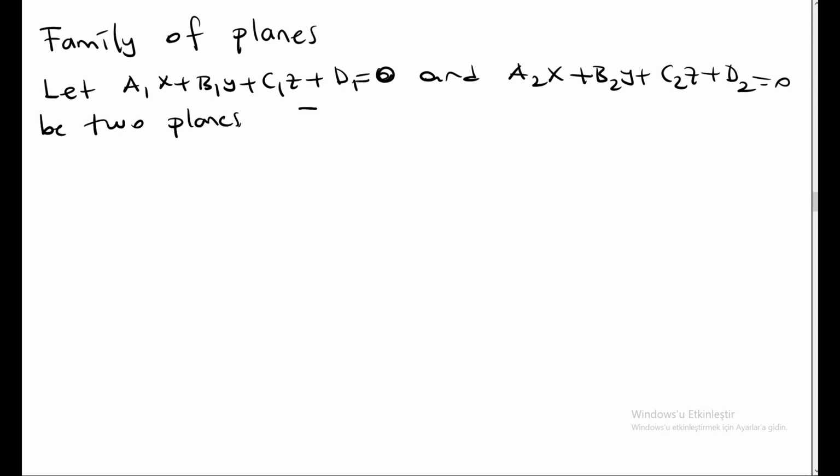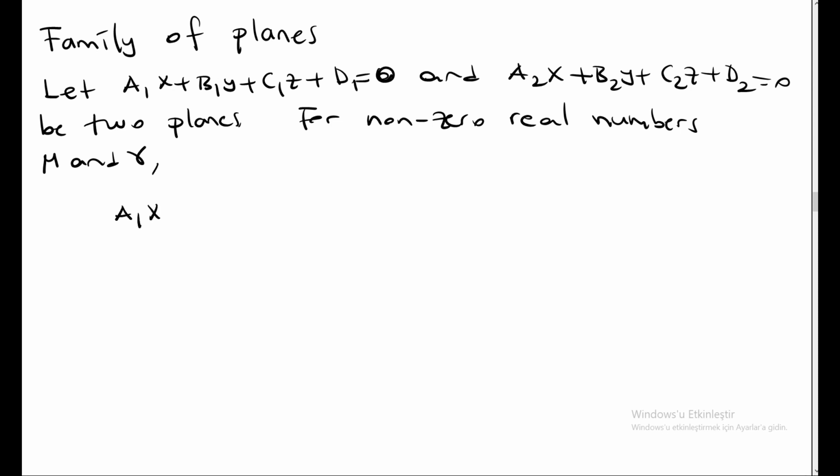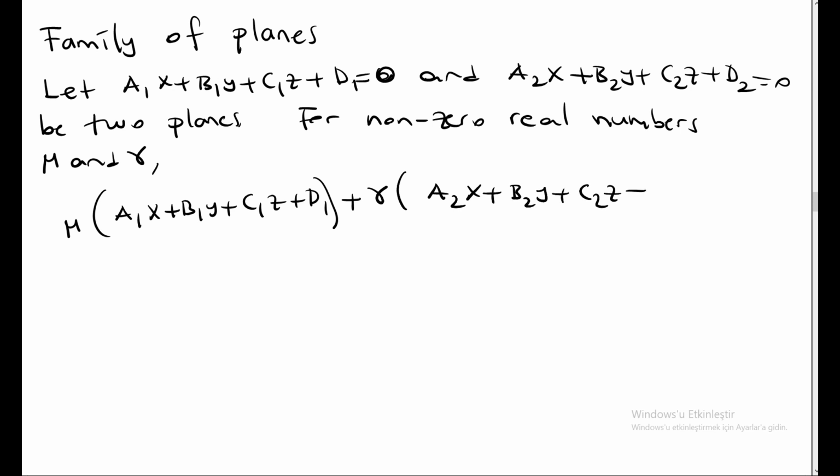Now, for non-zero real numbers, let's say mu and sigma, we can write mu times (A1 x plus B1 y plus C1 z plus D1) plus sigma times (A2 x plus B2 y plus C2 z plus D2) equals 0.